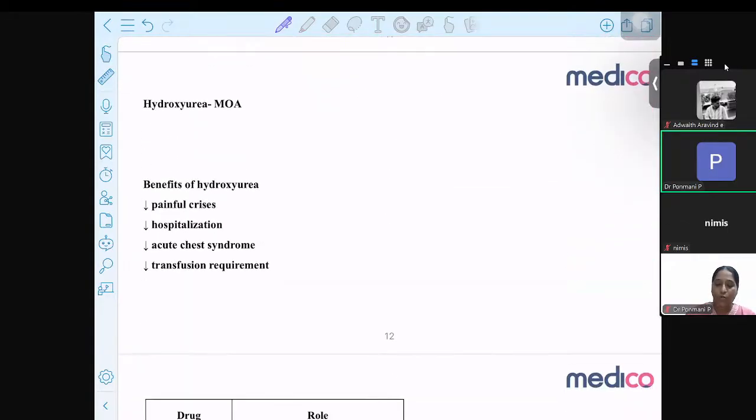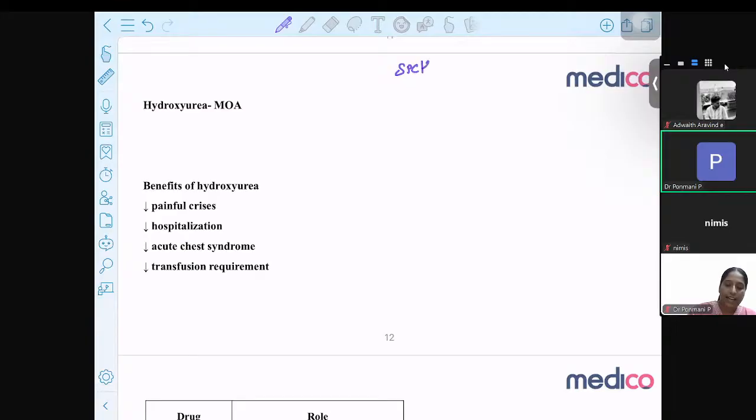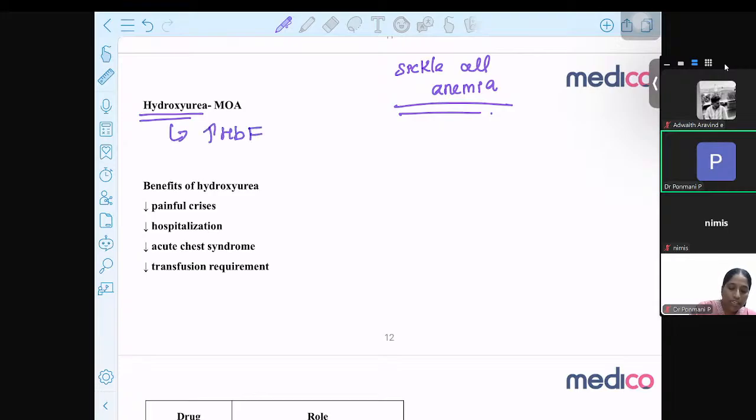drugs which are used for sickle cell anemia. So what are the drugs used for sickle cell anemia? The first is hydroxyurea. What does hydroxyurea do? Hydroxyurea is going to increase the hemoglobin, especially the fetal hemoglobin HbF. And by increasing the HbF, it is going to reduce the polymerization of RBCs.